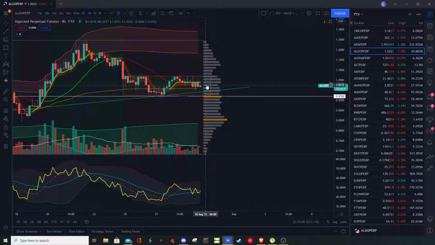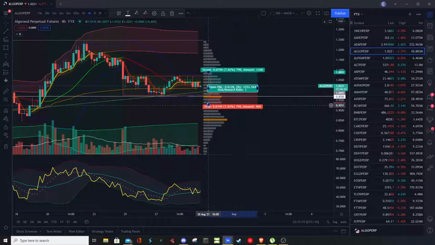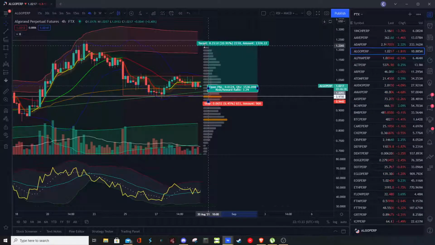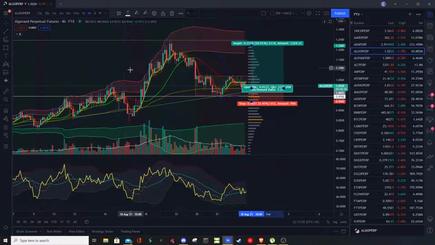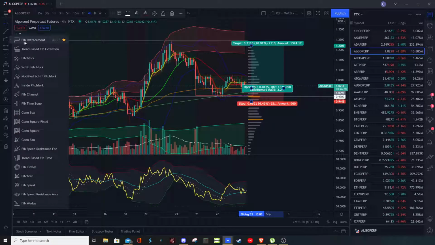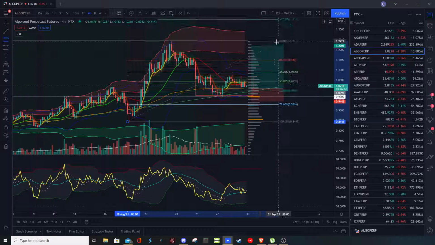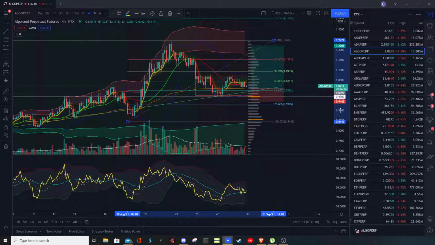So I'll be looking for maybe an aggressive entry on the VWAP line retest, stop loss just under this wick here, and targeting just under these here. First target like that, or Fibonacci, there to there.